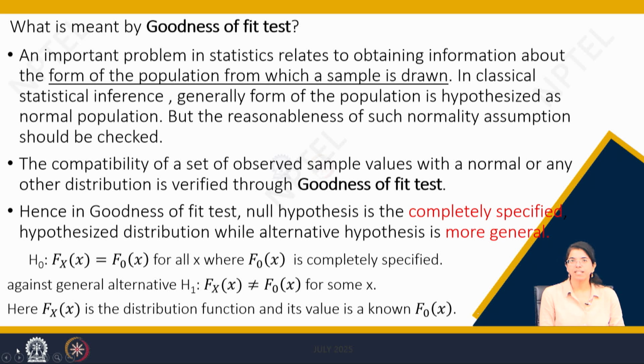The compatibility of a set of observed sample values with a normal or any other distribution is verified through goodness of fit test. As I have already mentioned, goodness of fit test was first initiated because of the checking of normality, but you can make the goodness of fit test for any other distribution as well. Goodness of fit test is such a general test.